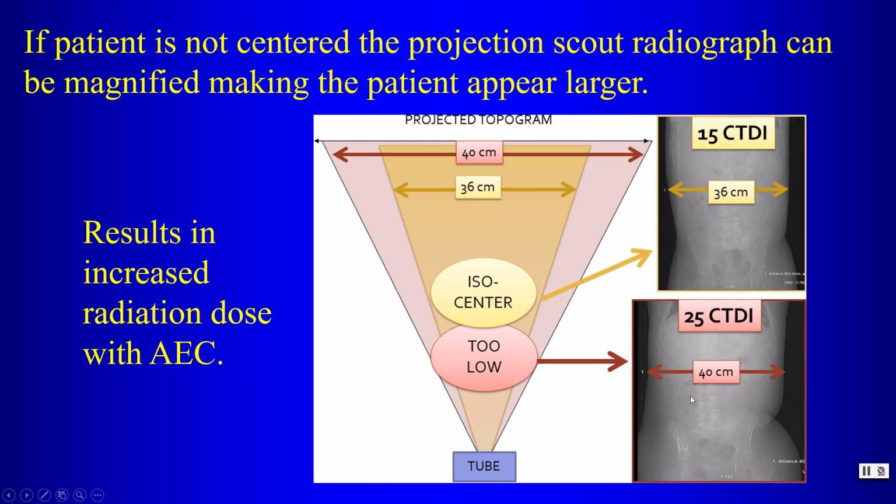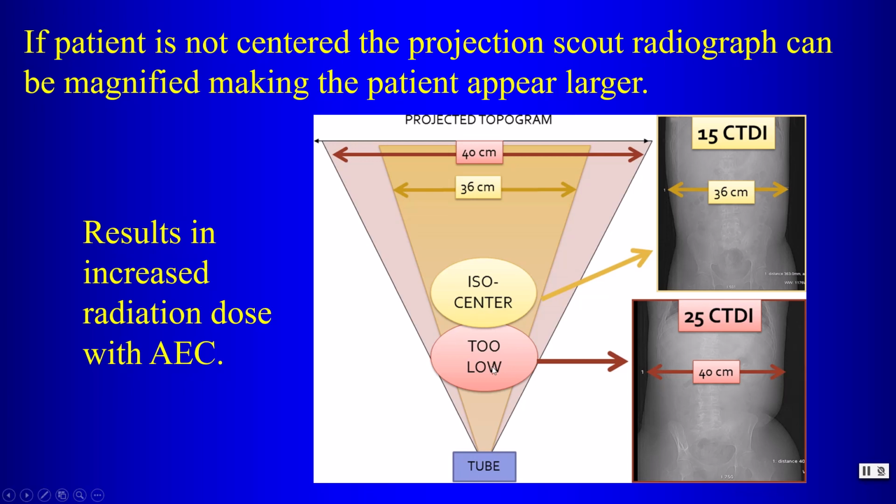So here, if the patient is too low, and we've taken here actually a PA image on this projected tomogram, the image is magnified, and the software assumes that the patient is 40 centimeters wide when the patient may only be 36 centimeters wide.